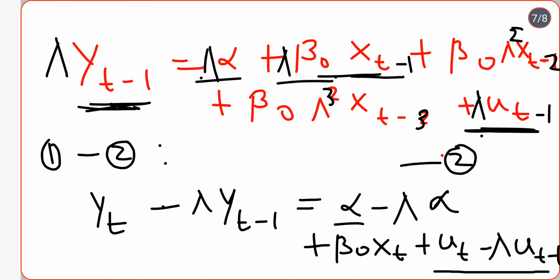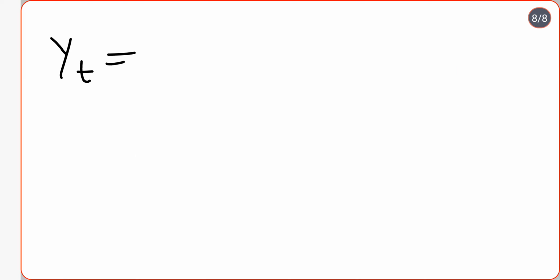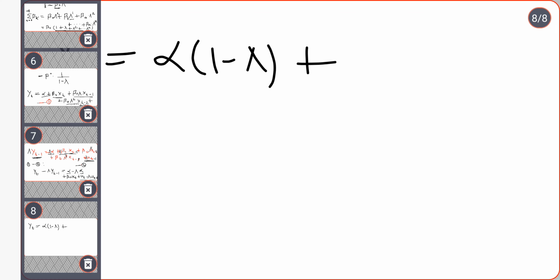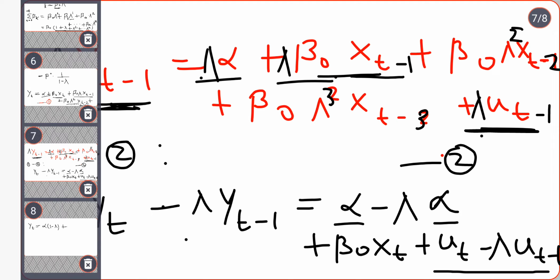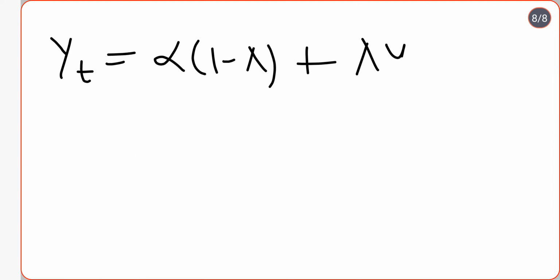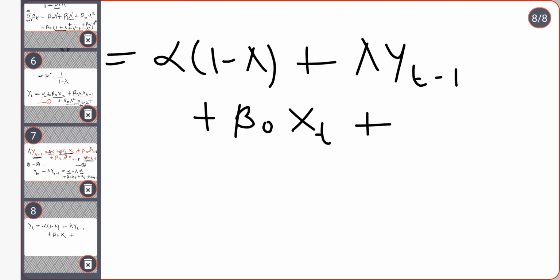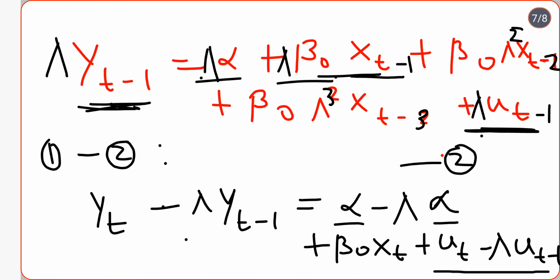I am going to take alpha common from here also, so it will be alpha into 1 minus lambda, and lambda yt minus 1 on the right hand side, it will be positive, and then we will have beta 0 xt, and in the place of ut minus lambda ut minus 1 I am taking vt.